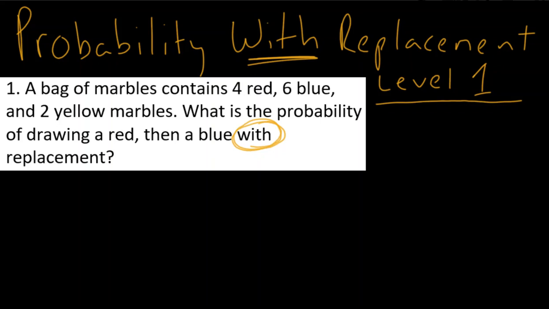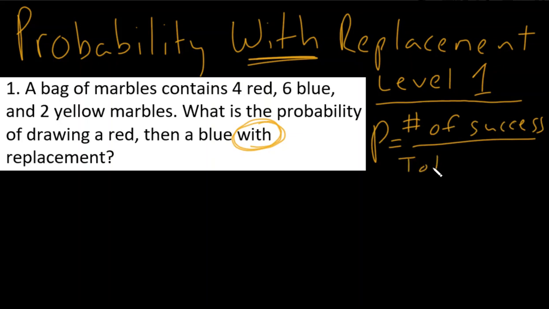Now, how do we find probability? Let's say probability is the number of successful outcomes, so we could just say the number of successes, over the total number of options. So I want you to imagine that you have this bag of marbles that has 4 red, 6 blue, and 2 yellow marbles.